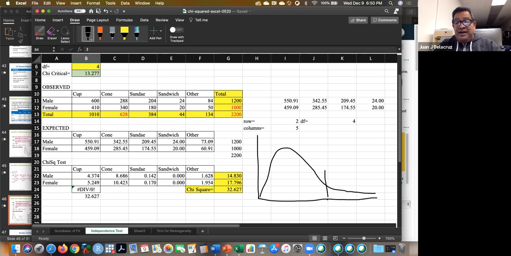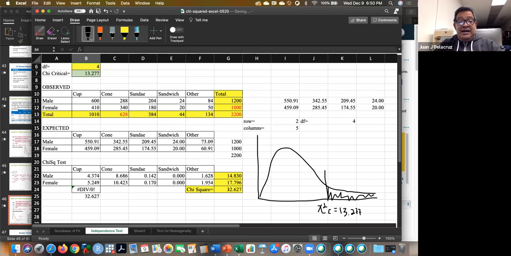My chi-square critical value is going to be equal to 13.277. So it's not that unusual. We are using the 1% in the previous one and this one, and the critical value happens to be the same. So there is no surprise here.